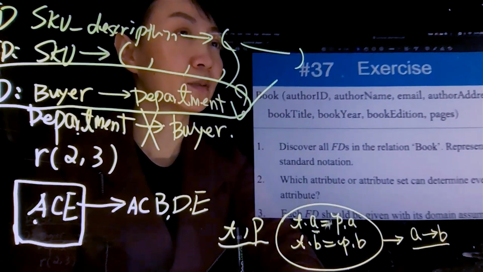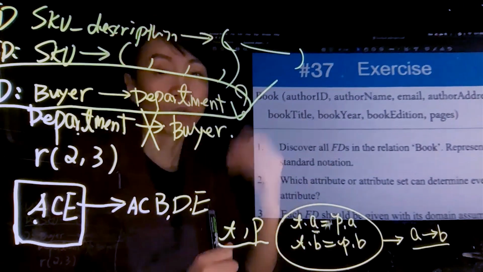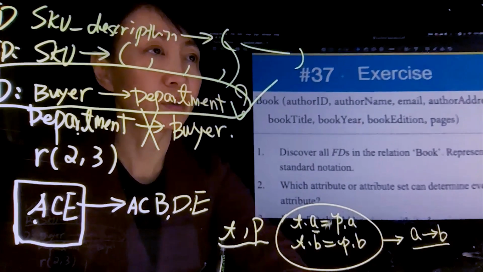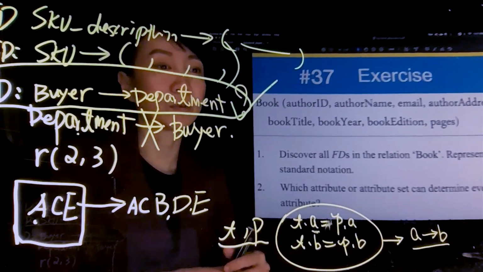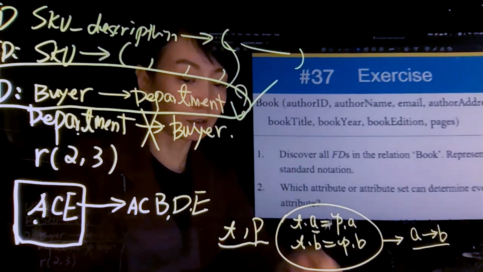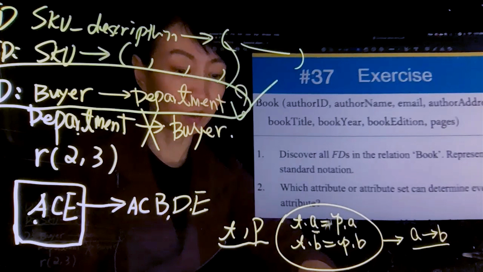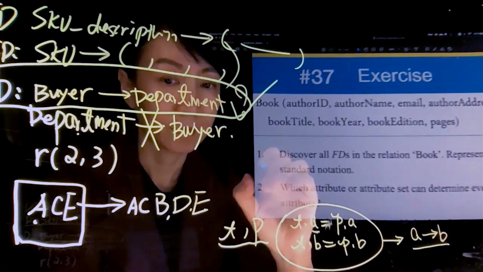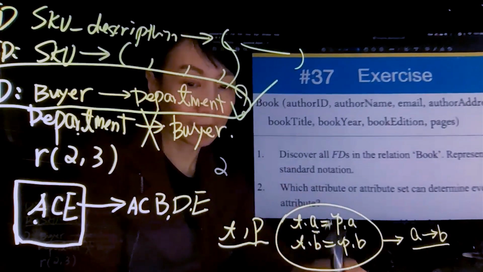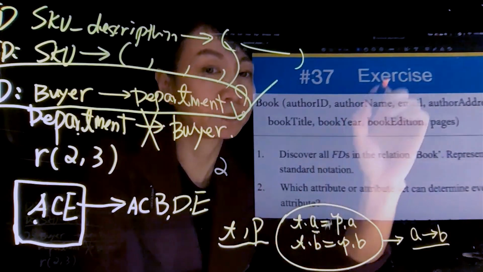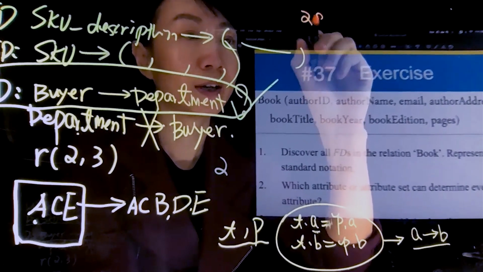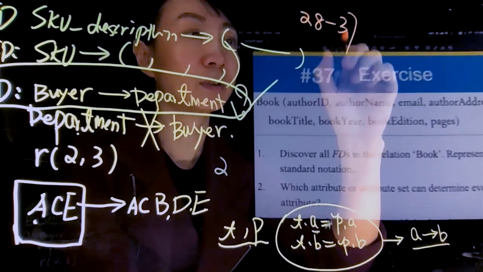So the last one is a question. You can do it as a self-check. This question is from slide 37. The discussion in this video is based on slide numbers 28 to 37.